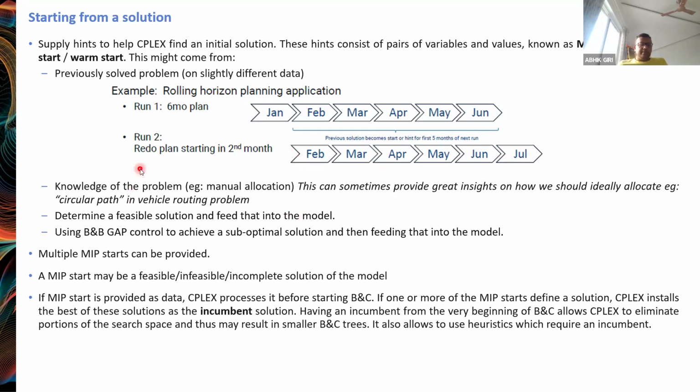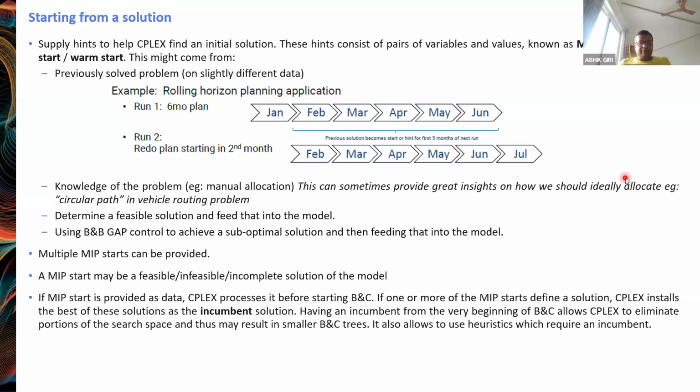The other kind of knowledge you can have is based on the business knowledge that you have. In a vehicle routing problem, you know that at the end of the day, a vehicle needs to return to its depot. We are going back to the ATM refilling problem that you all solved or are solving.